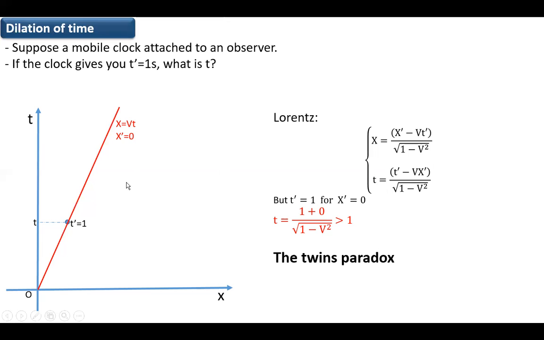The smaller number of seconds corresponds to a dilated time. So that's why t is bigger than t prime. This is why the twin at rest gets older than the twin that moves. So you have to understand it in this way to understand the dilation of time.